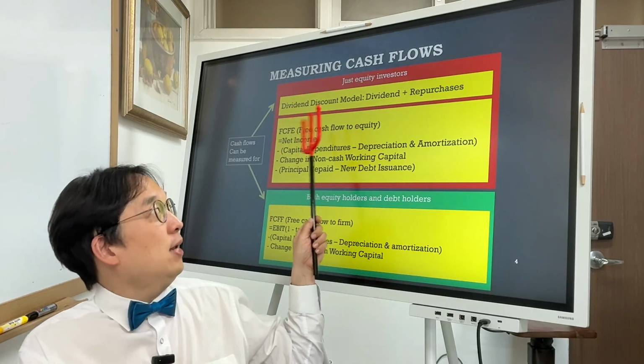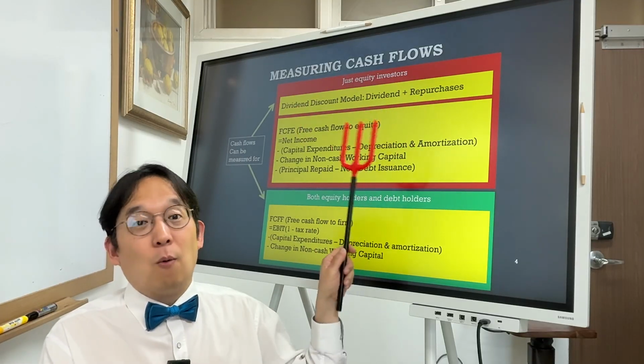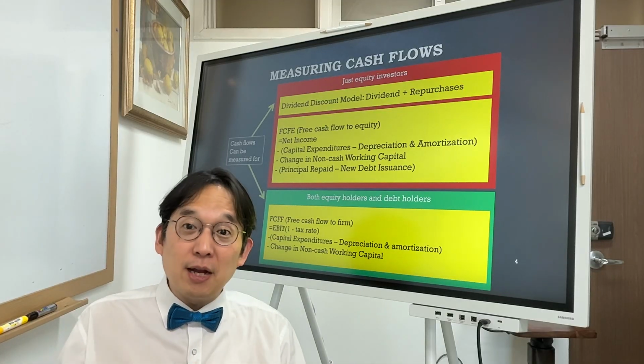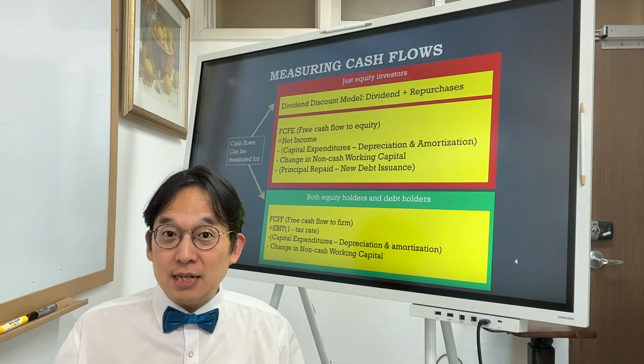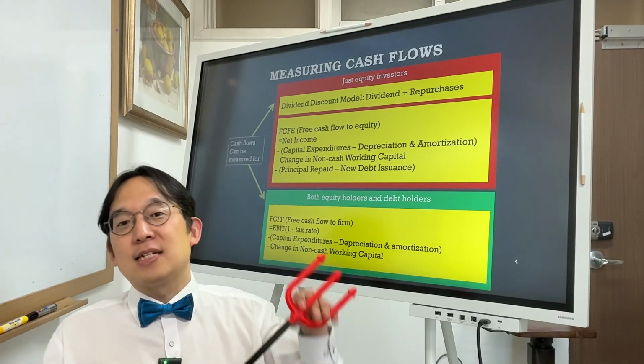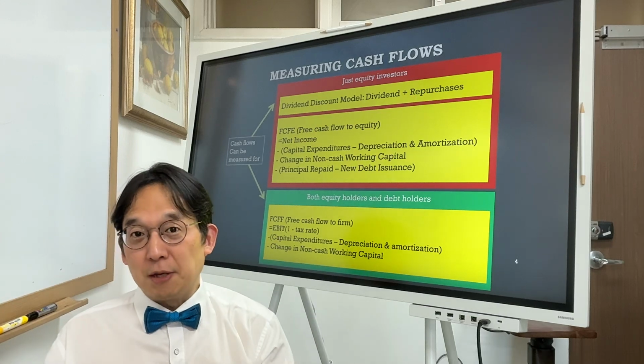So either you pay cash directly to the shareholders in the form of dividend, or indirectly, by repurchasing the stock and burning it, reducing the number of shares outstanding. They're the same as dividend anyway. So that's how we measure the dividend and then discount it at the cost of equity.